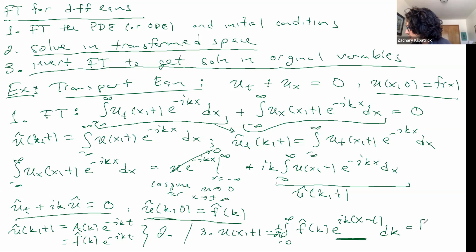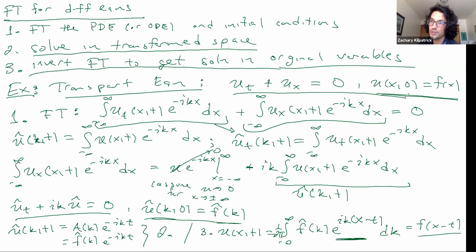So converting back, we just get f shifted by t. There are a number of ways to show that, for example using changes of variables. And so this is recovering essentially the standard solution to the transport equation.